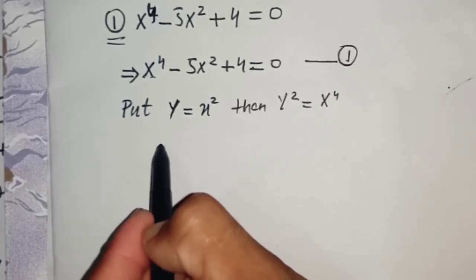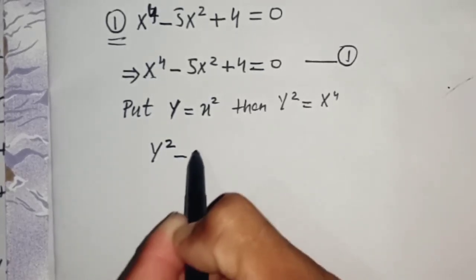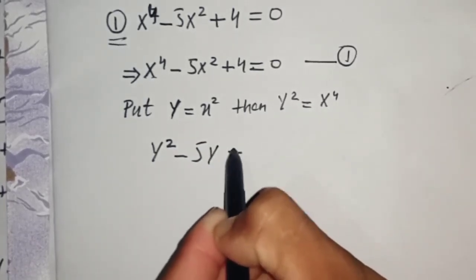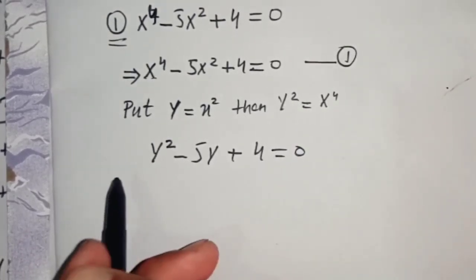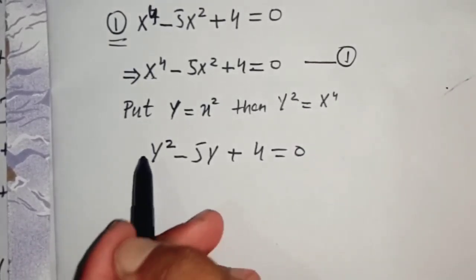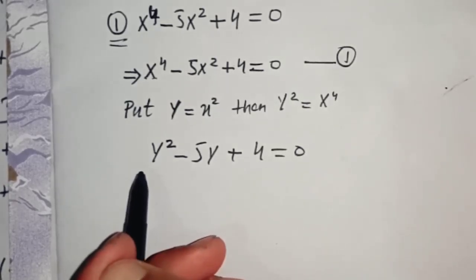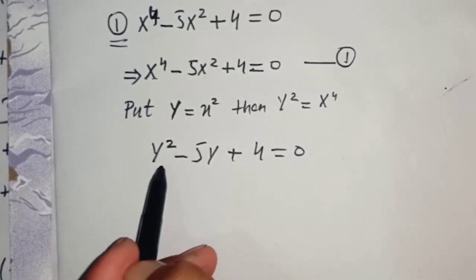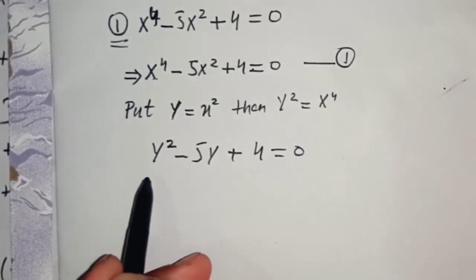If we substitute, we get y^2 - 5y + 4 = 0. Now we will solve this quadratic equation for y, and then we will re-put the value of y to get the solution of x.